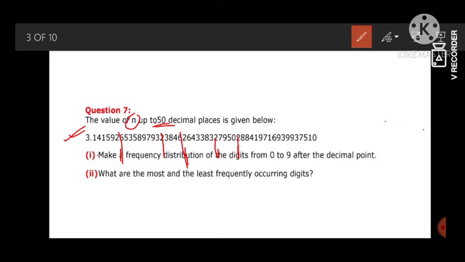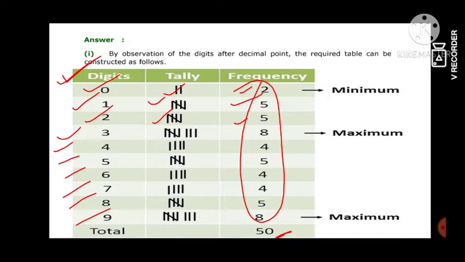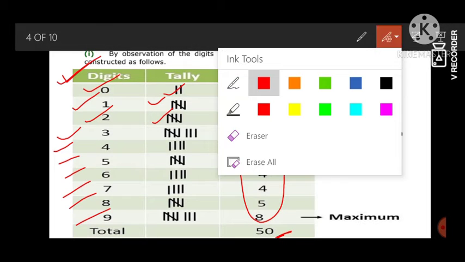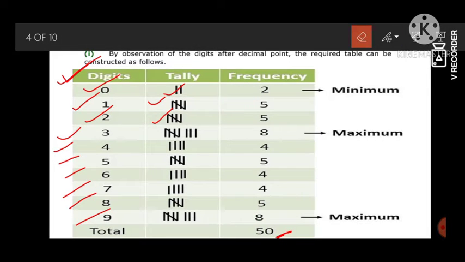Now the frequency distribution table is made. We also have to find the most and the least frequently occurring digits. From the table itself we can see that the maximum frequency is over here, which is 8, and the numbers that repeat themselves the maximum number of times are 3 and 9.